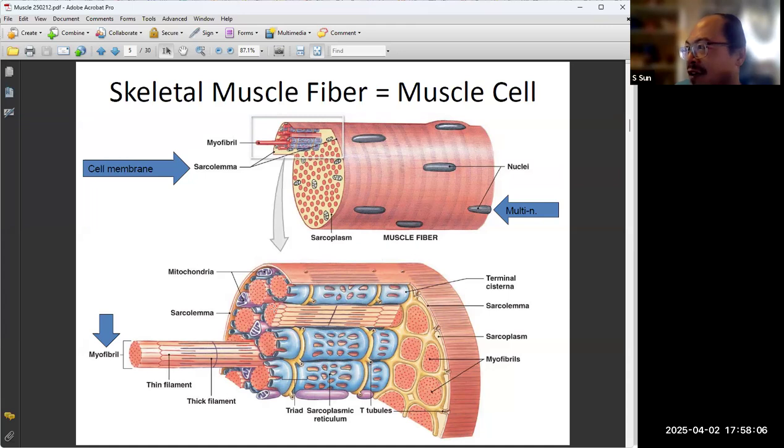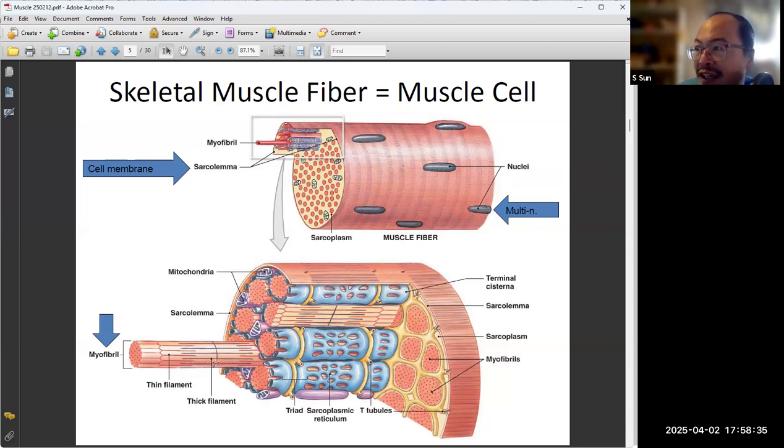What else do we have here? We have the mitochondria, like I mentioned earlier, and the sarcolemma, the membrane. Here, myofibril is a bundle of these filaments. Myofibril contains two types of filaments.